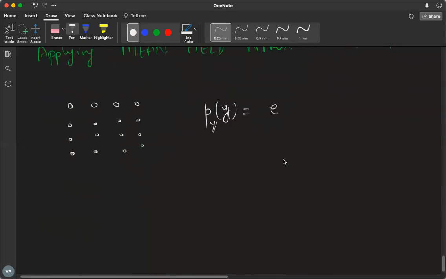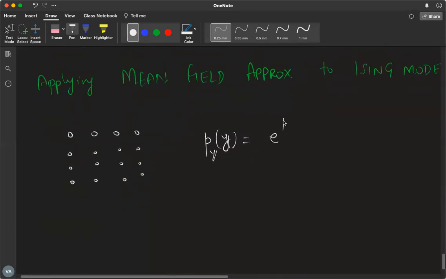Yes. So there is a constant beta times the summation over all the neighbors i, j, of yi times yj. There is a change of notation. Instead of z now we are using y, but that is a small thing. That's it.